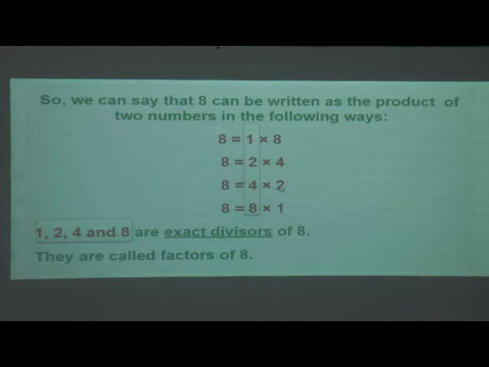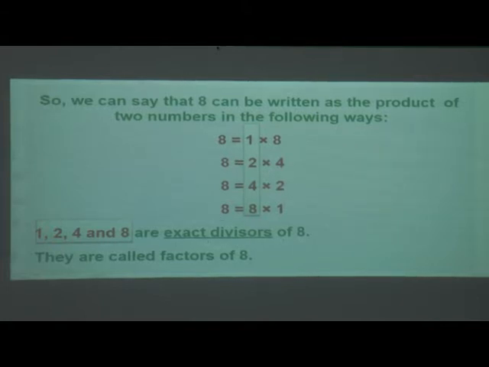Now 2 rows, in each row we have taken 4 balls, 4 2s are 8. 1 row, in 1 row we have taken 8 balls, so 8 1s are 8. So these were the different ways in which we have arranged the balls.